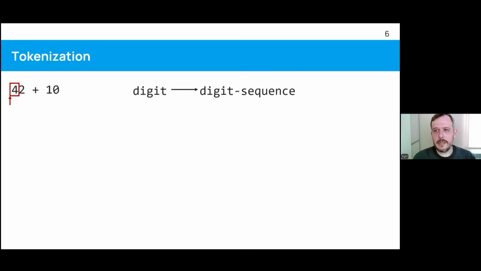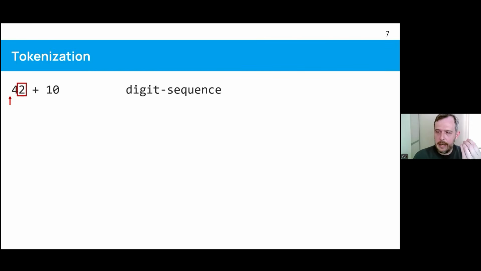So in this case, we retain the first position where we started and move this window, a one character wide window, to the next character. So we see a digit again. So we stay inside the digit sequence. We continue until we run out of digits, basically.